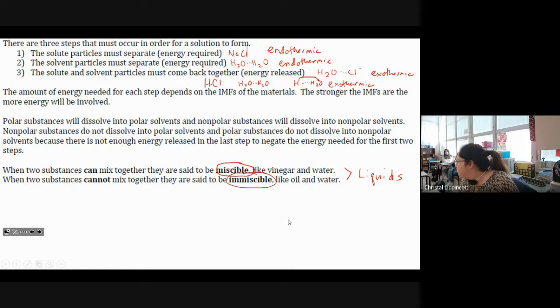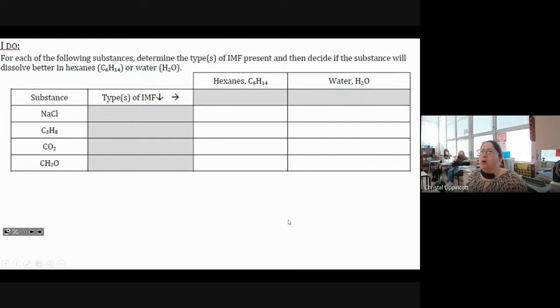Questions? Okay. So what type of IMFs, what type of interactions are here? Will this dissolve better in hexane, or will it dissolve better in water? What type of IMFs are in NaCl?